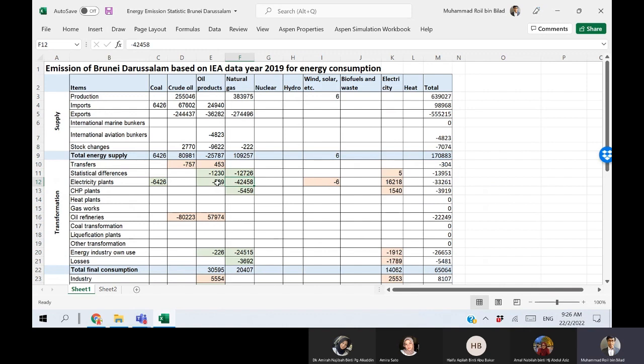And electricity plant from oil product is also a power plant. Coal here, I have no idea what Brunei uses coal for, apart from electricity. So I assign this one also as combustion, emitting carbon. And statistical difference, you might argue with me, but this one is just to balance the statistic book, I mean, the calculation. In this case, I attributed it also to emission production.